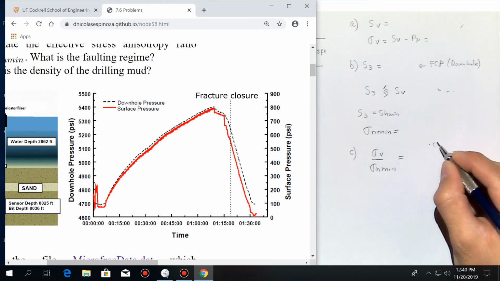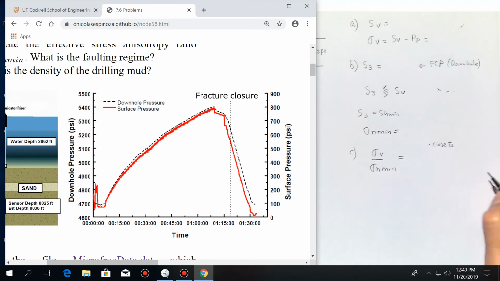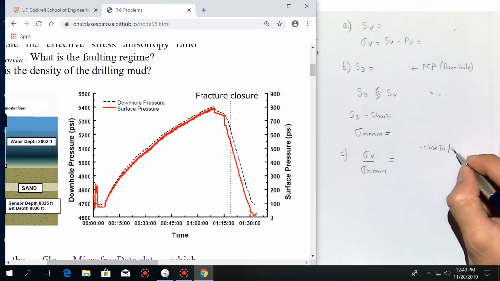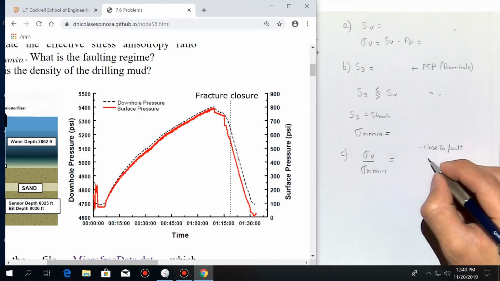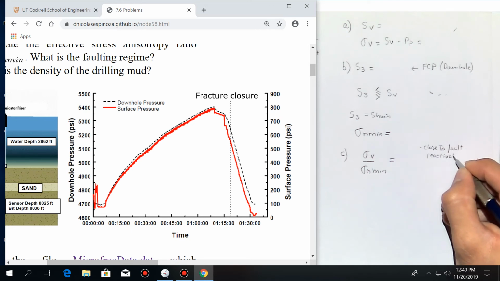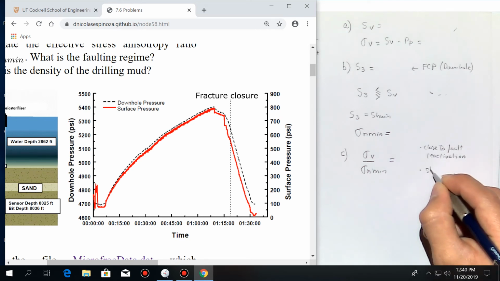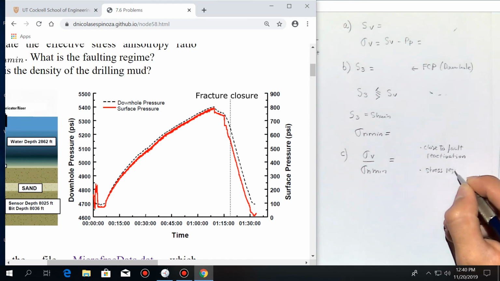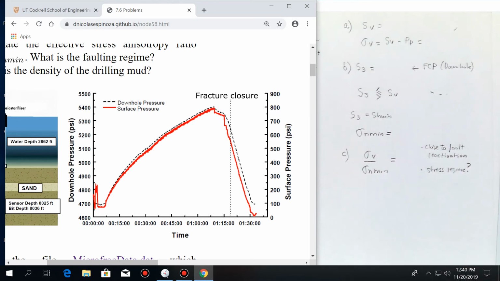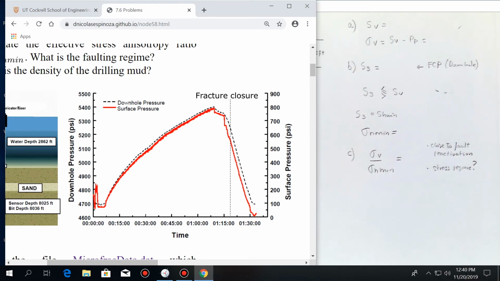So here the question is whether it is close to fault reactivation, and the stress regime. You can answer that based on what you get over here.